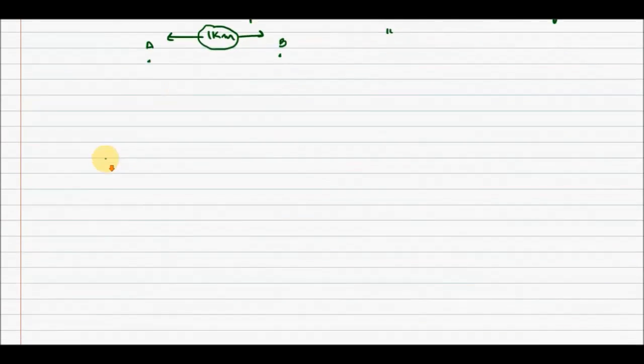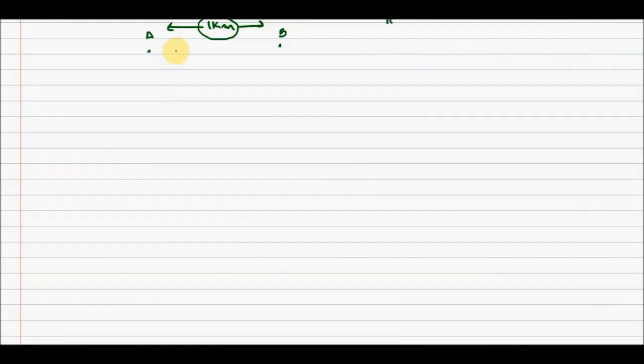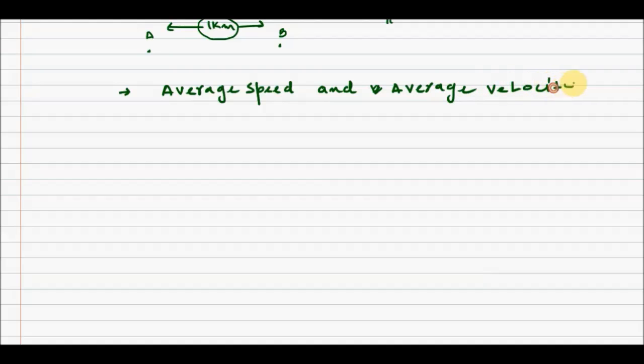Now, having understood this, let's move ahead and talk about average speed and average velocity. Right? What do average speed and average velocity mean? Let me mathematically define these two terms, and then I'll try to explain this to you.